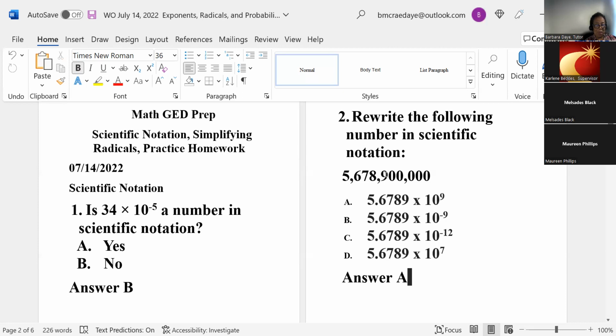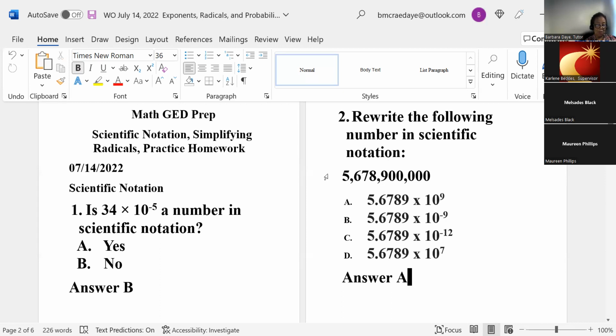After you pass 100,000 going to the left, you get million, then ten million.